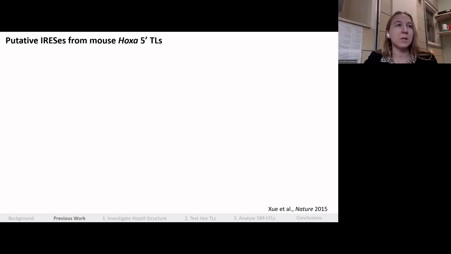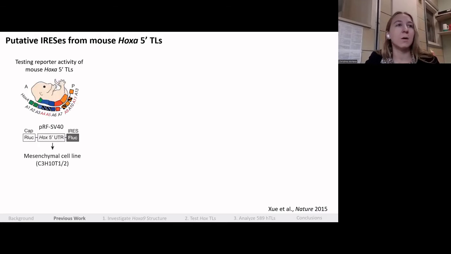In 2015, Xue et al. tested developmental Hox genes in mice, known as Hox genes. So they tested 5' transcript leaders for potential IRES activity. And to do this, they cloned different transcript leaders in a pRF plasmid with an SV40 promoter between Renilla luciferase and Firefly luciferase, so R-Luc and F-Luc.